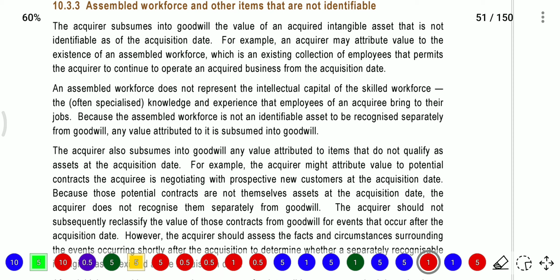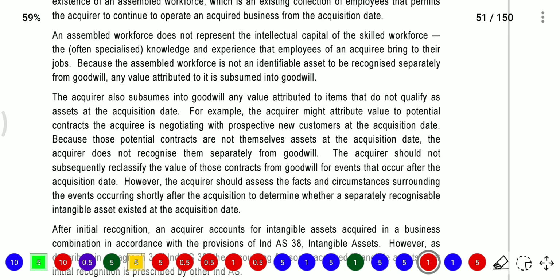Because of this, the assembled workforce is not an identifiable asset separate from the goodwill, and any value attributable to it will be subsumed into goodwill. And here the acquirer also needs to subsume into goodwill any value that does not qualify as an asset at acquisition. So if it does not have separate identification as an asset, then it will be subsumed into goodwill.